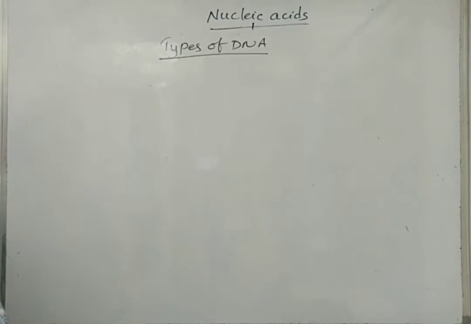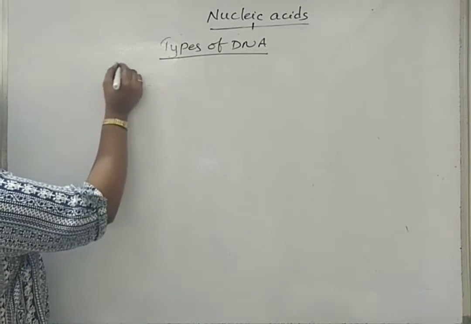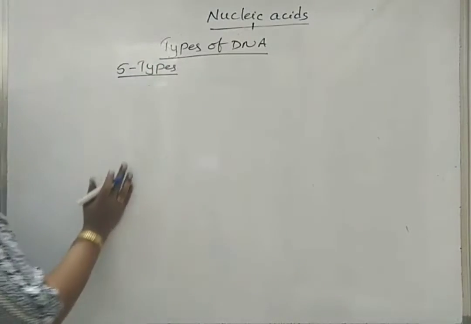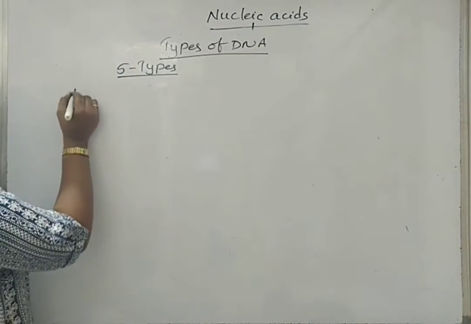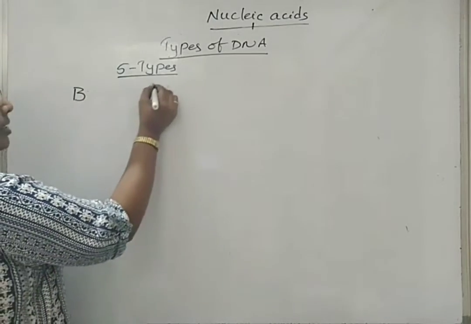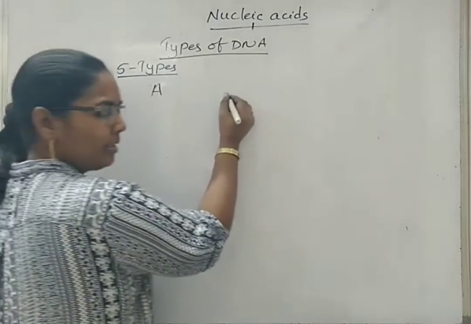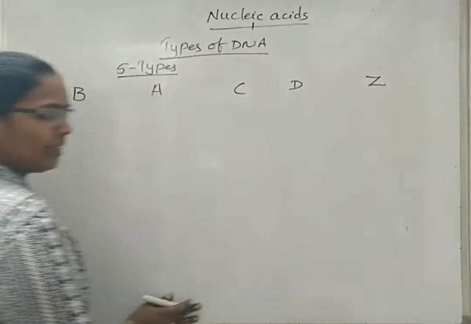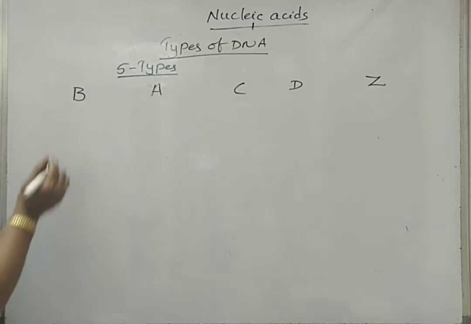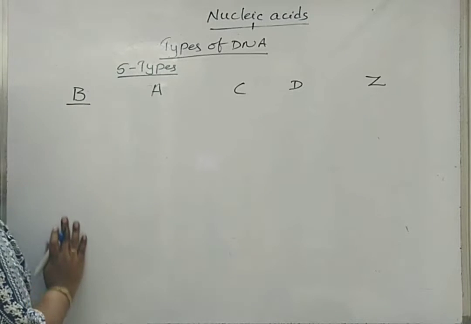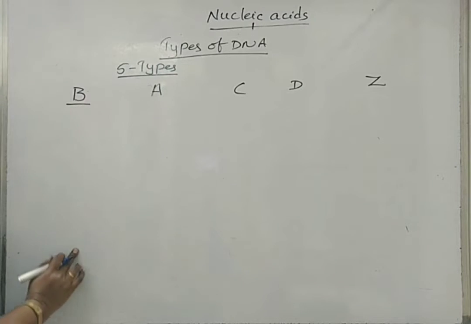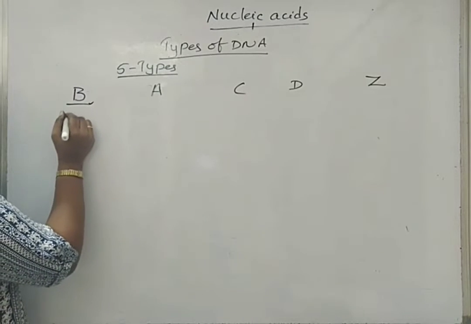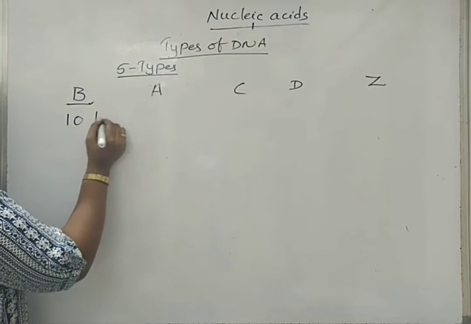DNA exists in 5 different forms. So 5 types of DNA exist in nature. One is B type, next is A type, next are C, D and Z types of DNA. What we have learned just before, the Watson and Crick model of double-stranded DNA, is B type. So it has 10 base pairs.